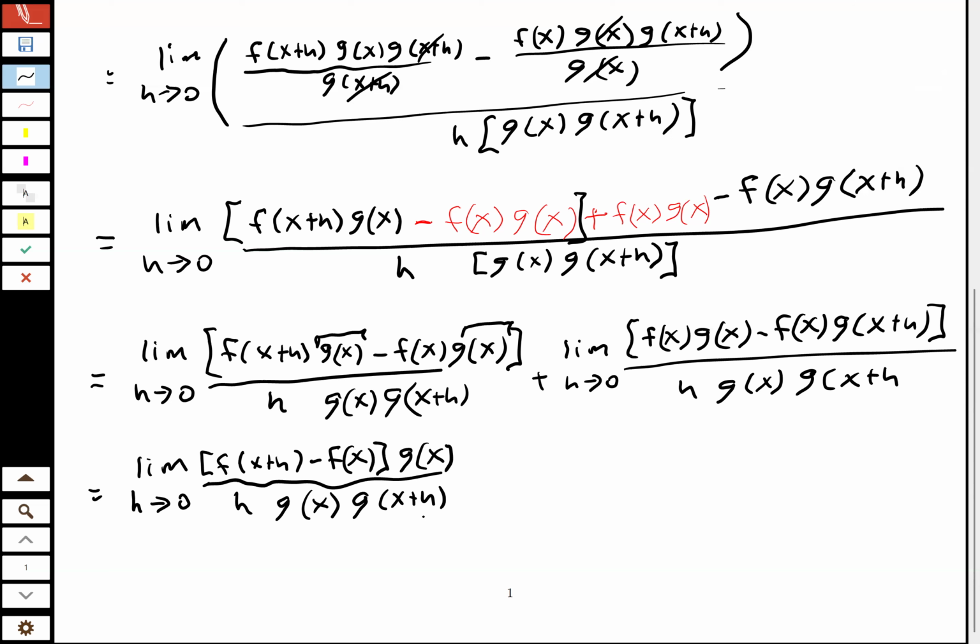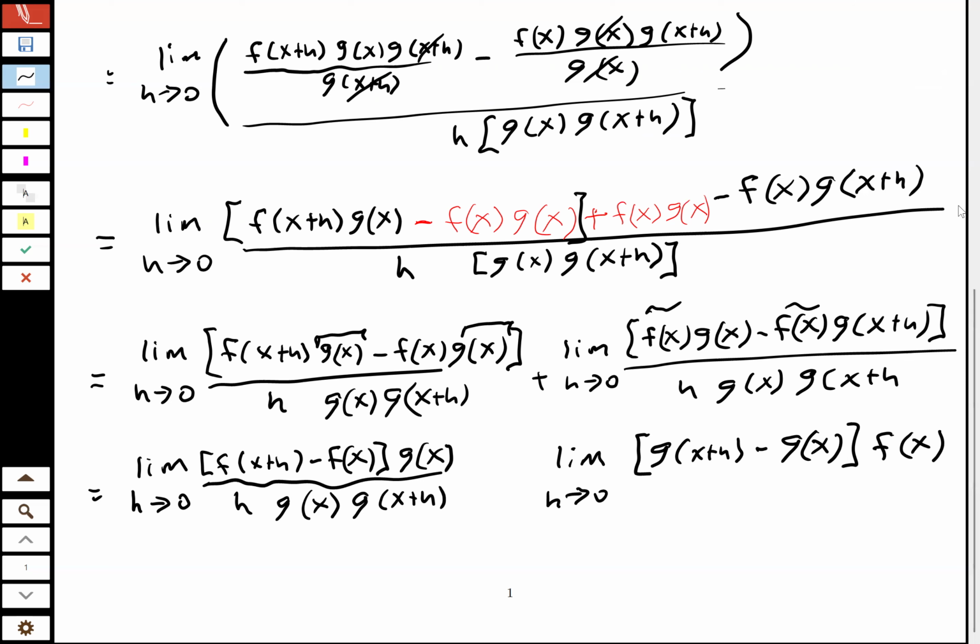And for this next limit, h goes to 0. I'm noticing these share in f of x, but I want to start out with g of x plus h, and then I want that g of x to come next, where both of these things are getting hit by f of x.